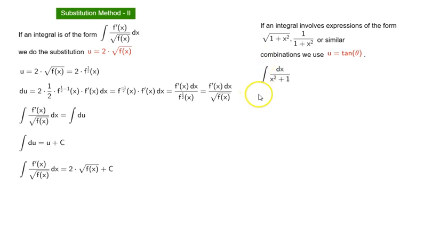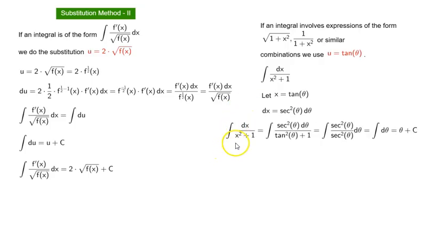Okay, so let's do the simplest version of that. So integral of dx by x square plus 1. So let x equal to tan theta. dx is equal to sec square theta d theta. So substitution, when we carry out, we get integral of dx by x square plus 1 is equal to integral of sec square theta d theta divided by tan square theta plus 1, which is equal to integral of sec square theta d theta divided by sec square theta.